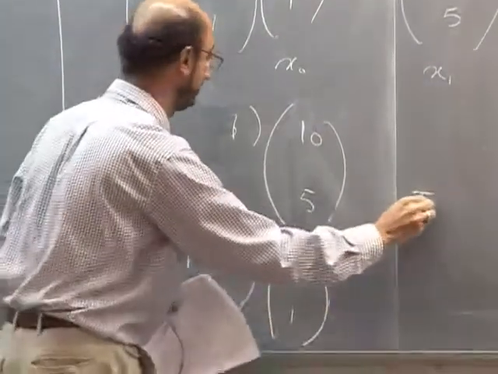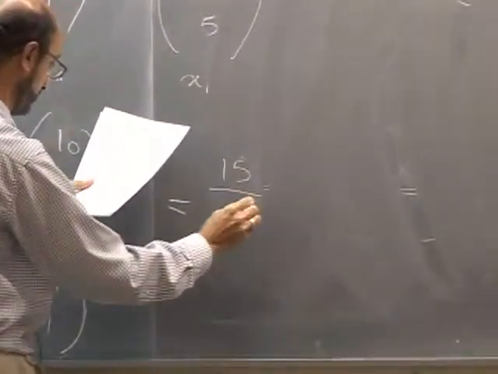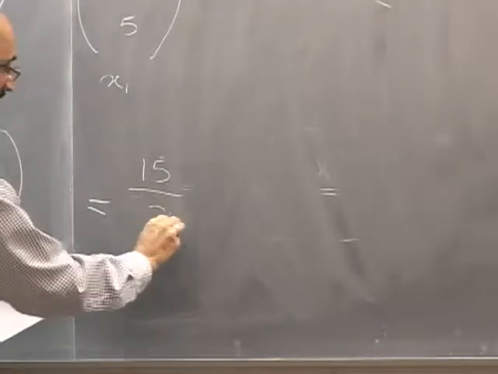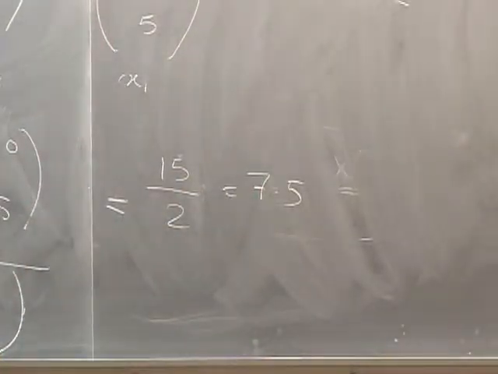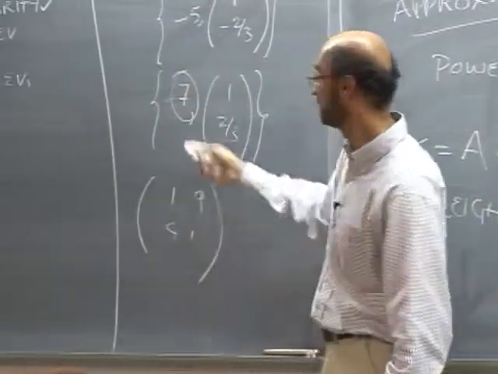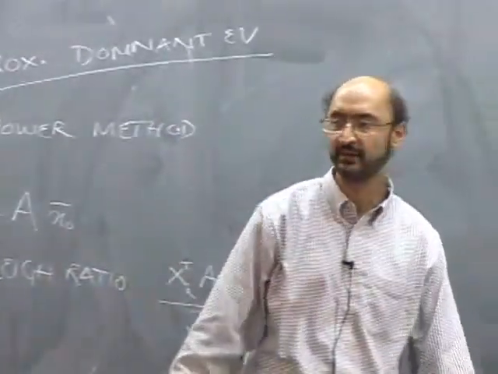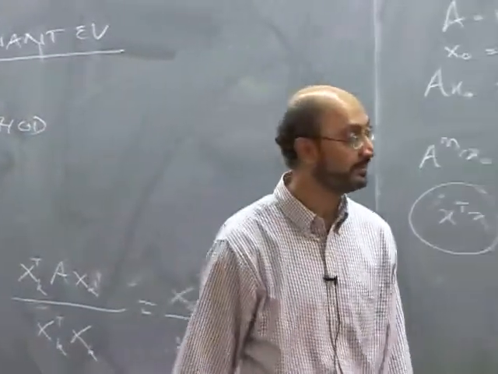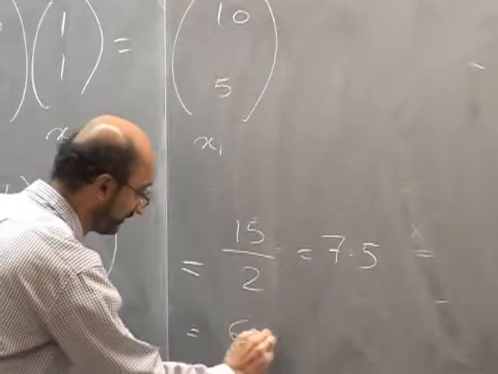Okay? And this is 15 over 2, which is 7.5. This is pretty good, because remember the dominant eigenvalue for this was 7, right? 5 is the smaller one. The main one is 7. And with just one simple computation, I just got to 7.5 right away. And if you do it one more time, you should be getting to 6.6 bar.